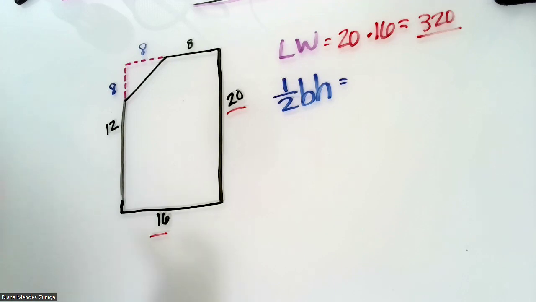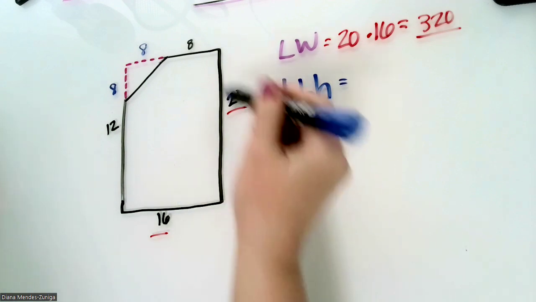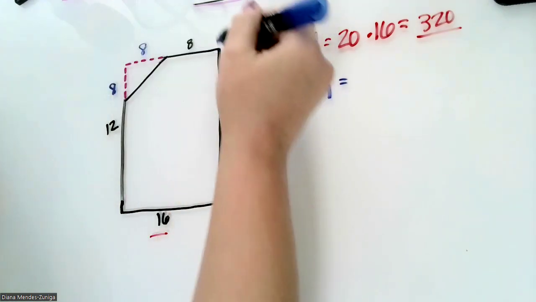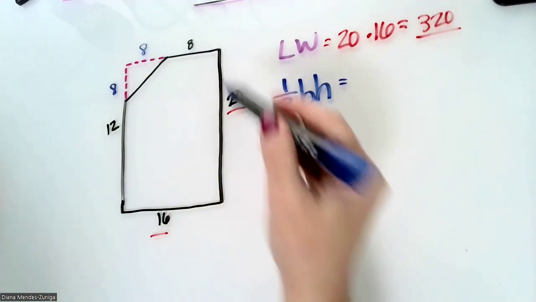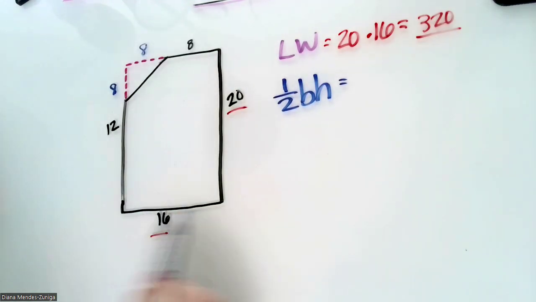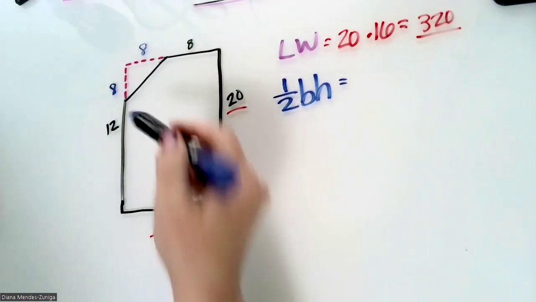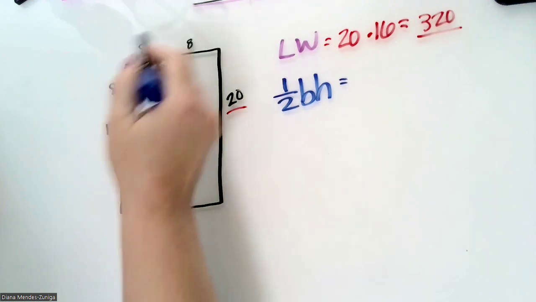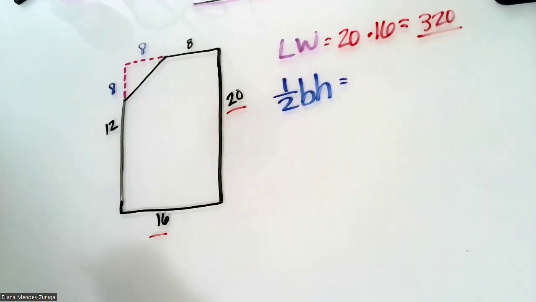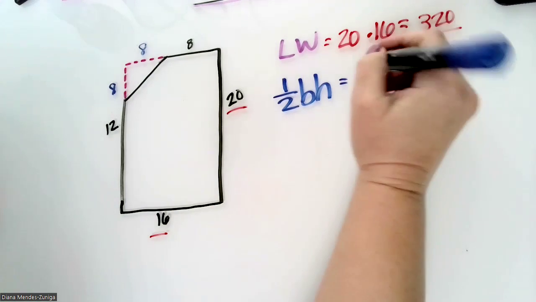So let's go ahead and try to figure out this formula using our numbers that we've determined. So now you can see if we added 8 plus 12, we have a full side of 20. And if you add 8 plus 8, we have a full side of 16. So all we did was really just find these missing numbers here. So let's do our half times our base times our height.